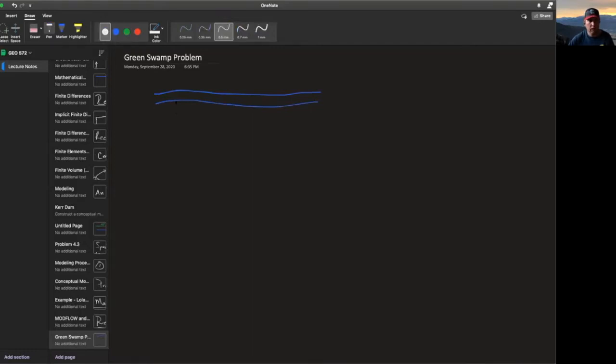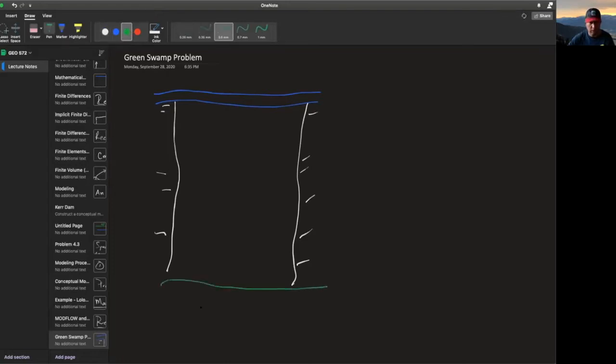We had the Slate Mountains on one side, Slate Mountains on the other, and then down on this side, we had the Green Swamp. All right, and here's the river.